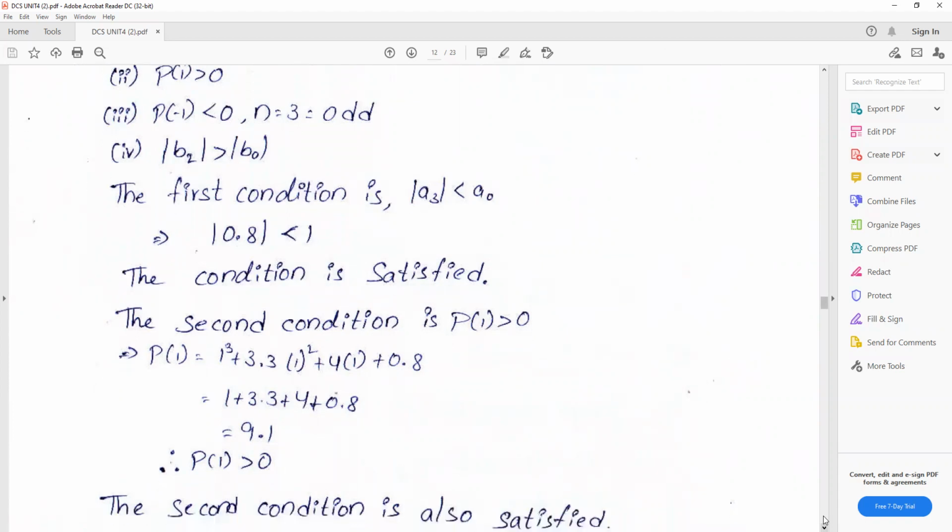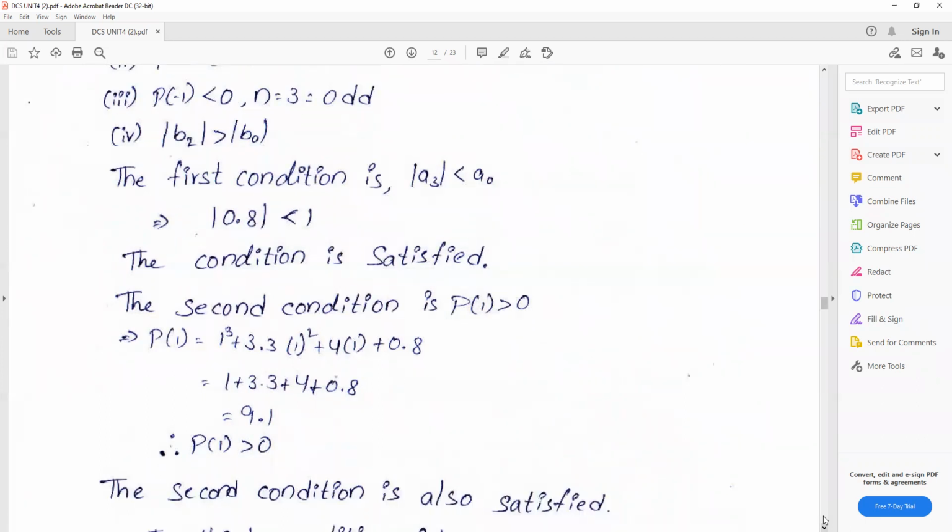What is the second condition? The second condition is P of 1 is greater than 0. In the given characteristic equation, Z is replaced by 1. So P of 1 is 1 cube plus 3.3 into 1 square plus 4 into 1 plus 0.8.